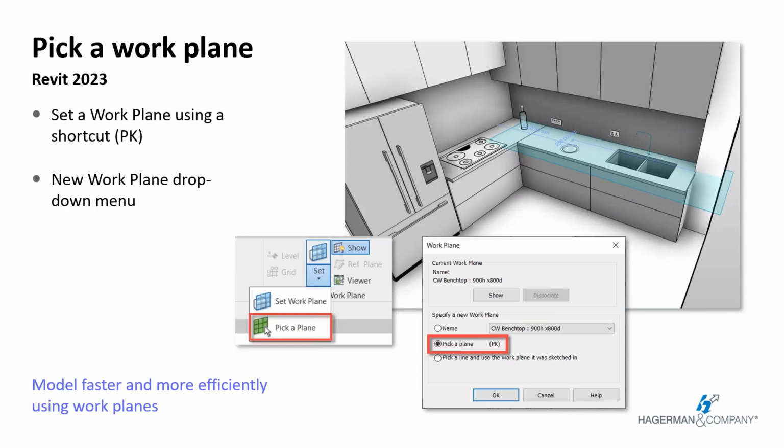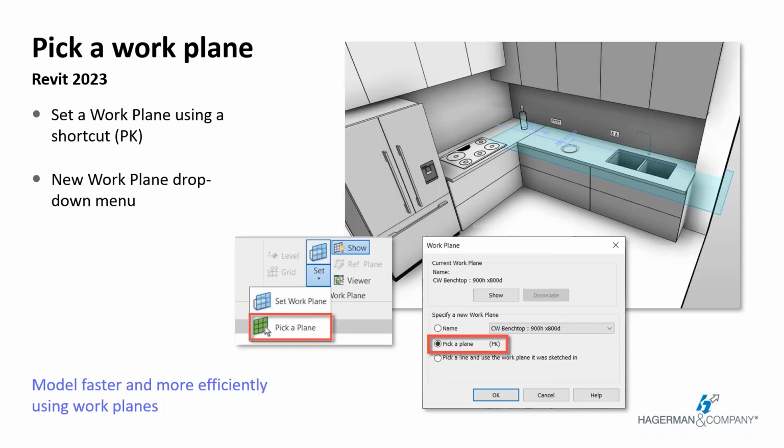So with this one, a work plane associates your model geometry to a reference surface. Now in Revit 23, you can set your active work plane instantly using the PK shortcut. Now, 1 second here.